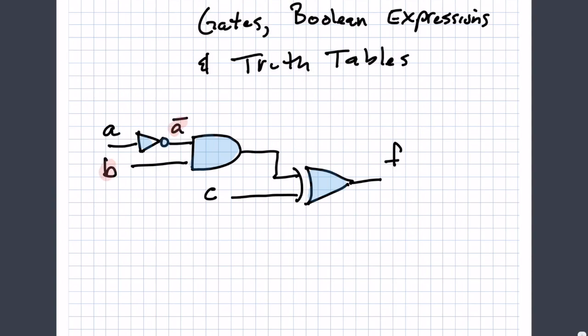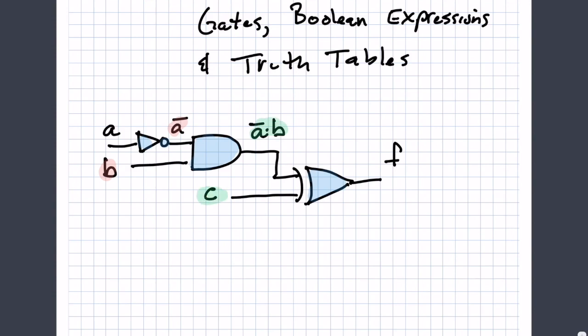So on the output, this would be A bar ANDed with B. All right, so notice I didn't put a symbol in there. It's an implied AND, just like you have implied multiplication in regular algebra. All right, from there, these two guys are the inputs to the exclusive OR.